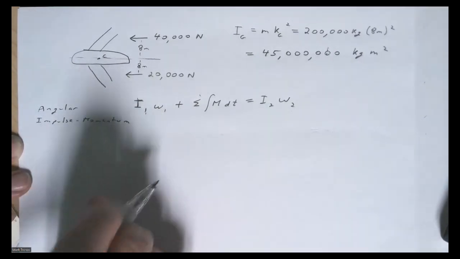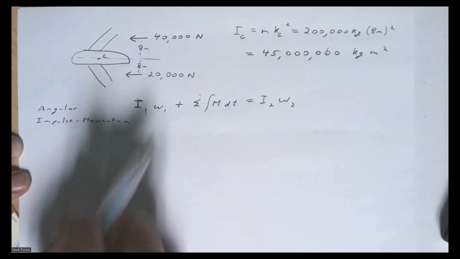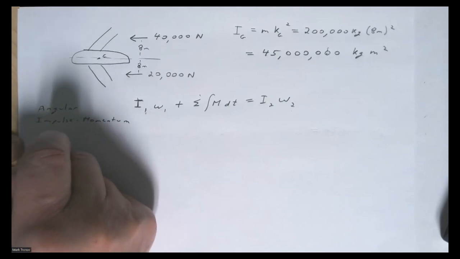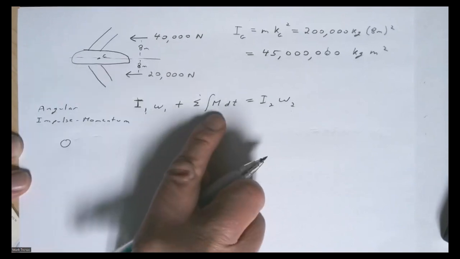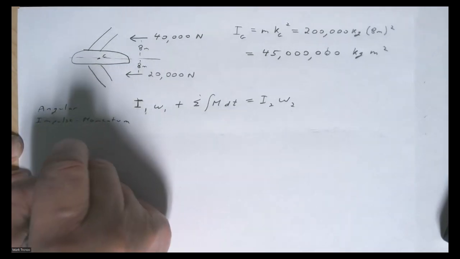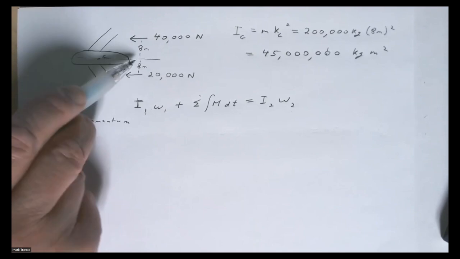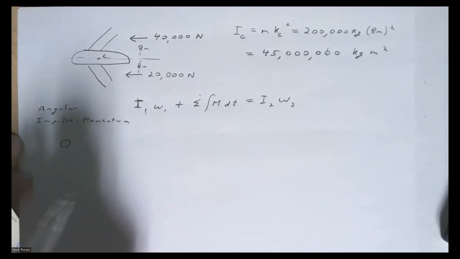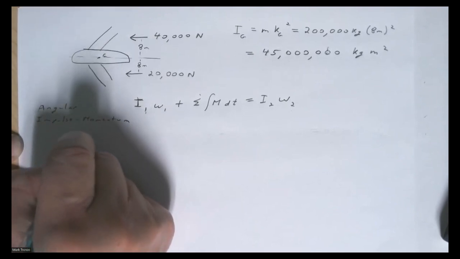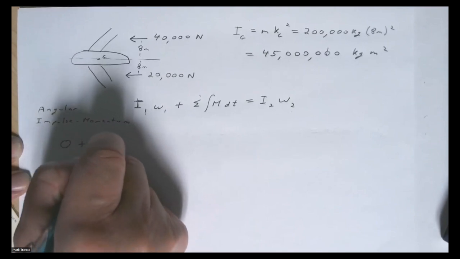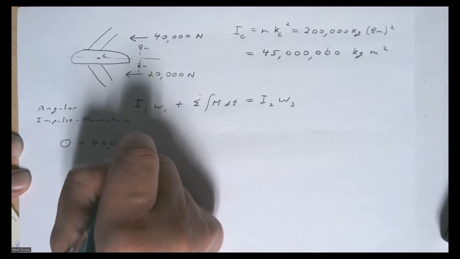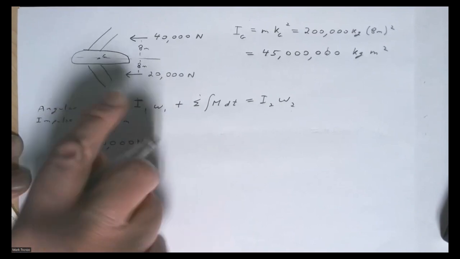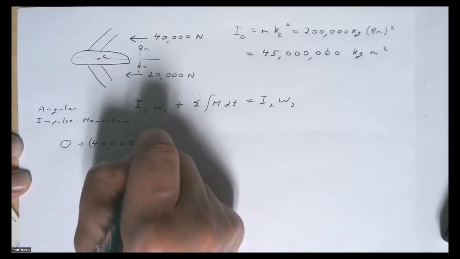And so we just put our numbers in. Now, there's originally no angular velocity. And next we'll put our moment in. For our moment, if we count counterclockwise to be positive, that'll be 40,000 newtons, 8 meters from the center.